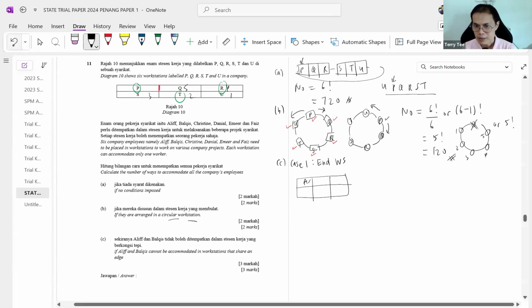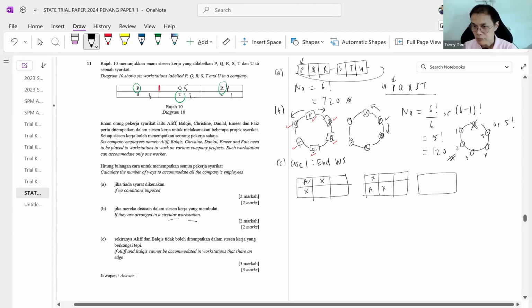Where can Balkis sit? Balkis cannot sit here, cannot sit here. He has 3 other positions. There are actually 4 different ways that I can put Alif there, and Balkis cannot sit here, so there are 3 other positions.